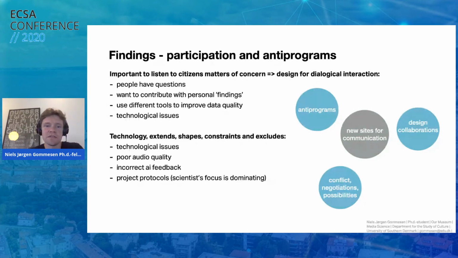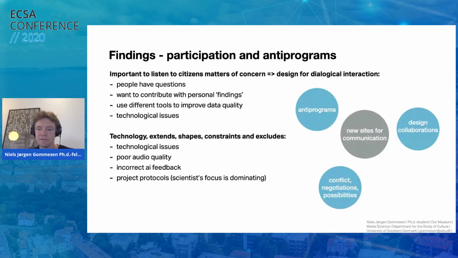So what we have to do is try to look at these anti-programs, also like they create these conflicts and also possibilities for actually creating or establishing new ways of collaborating, design collaborations.